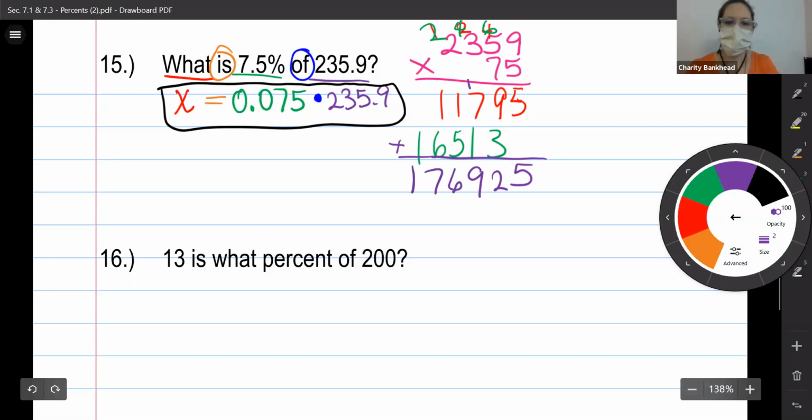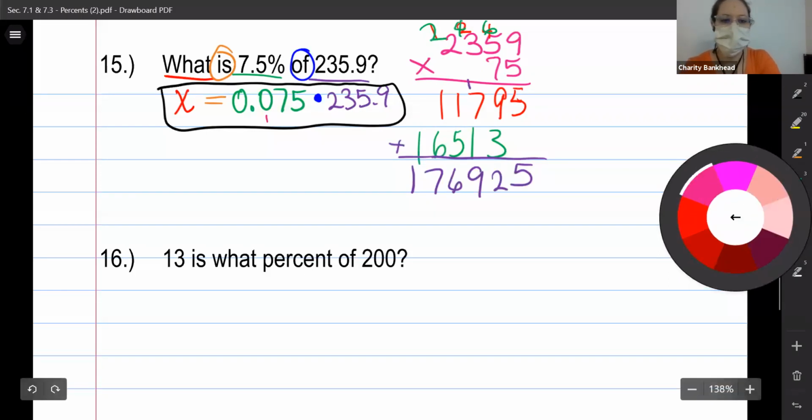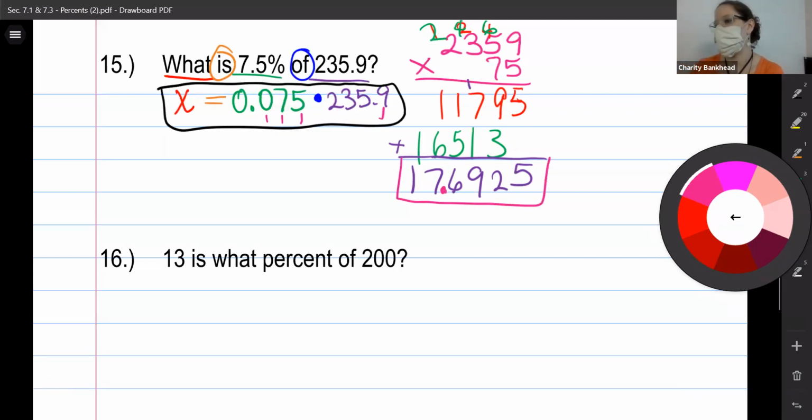Okay, so when I multiplied the numbers, I got 176,925, and I need 1, 2, 3, 4 of those digits to be after the decimal point. So my answer is 17.6925.